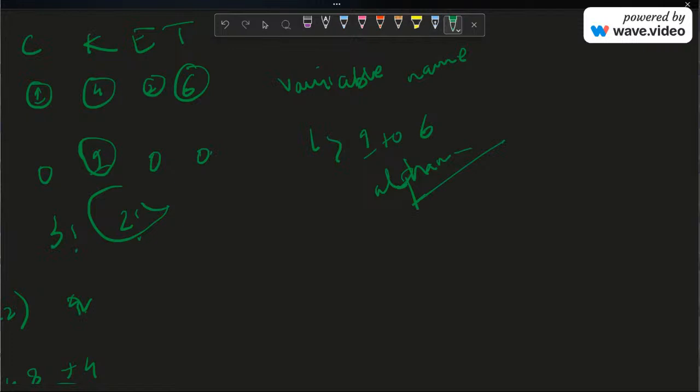Find the total number of valid names. So I guess this is easy.